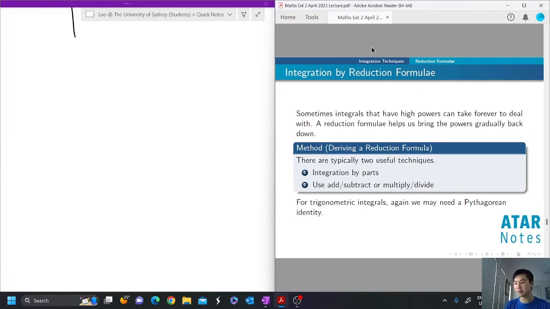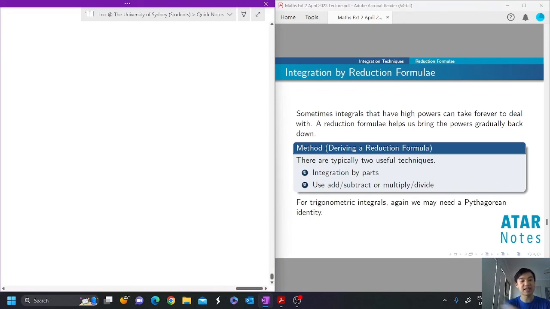Okay, so the final thing we have to talk about today is integration by using reduction formulas. Sometimes you have integrals that have really high powers and they can take forever to deal with. However, a reduction formula is basically when you generalize the case.